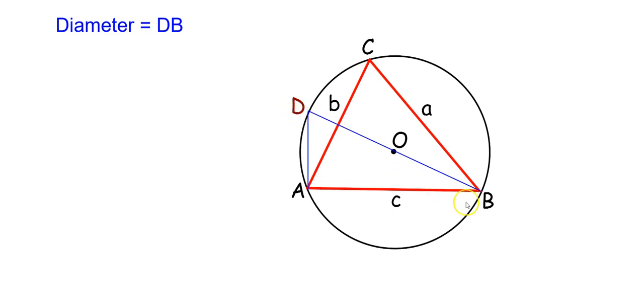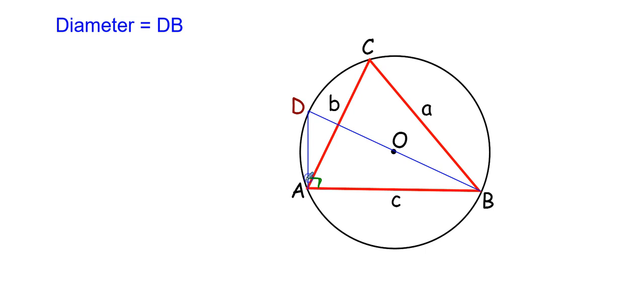Now, having known that BD is the diameter, and this is a semicircle, half of the circle, and the other side half of the circle, the angle in a semicircle is a right angle, right? This angle is 90 degrees.